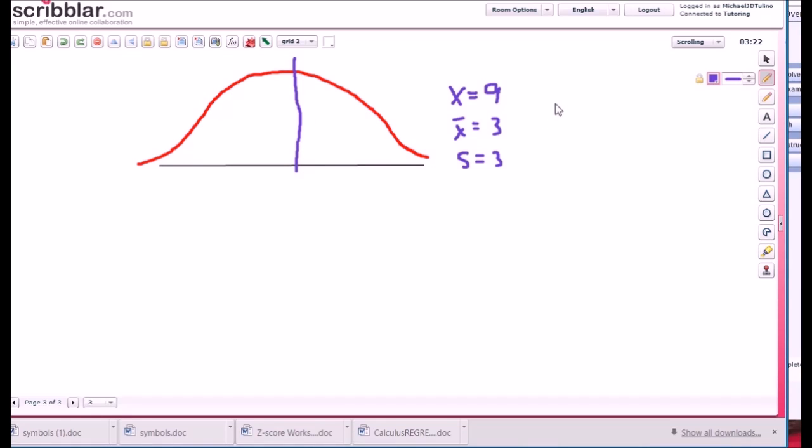That's going to be 9 minus 3 divided by 3, so that's 6 over 3, which is 2. So this is going to be over here. That has a standardized z-score, so z equals 2.